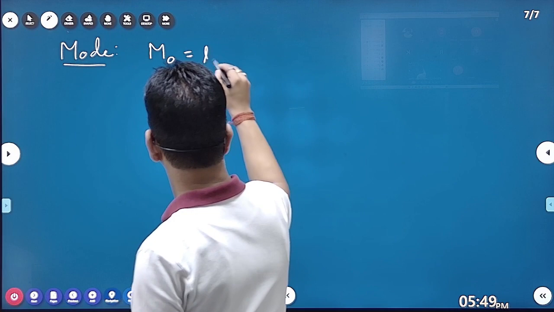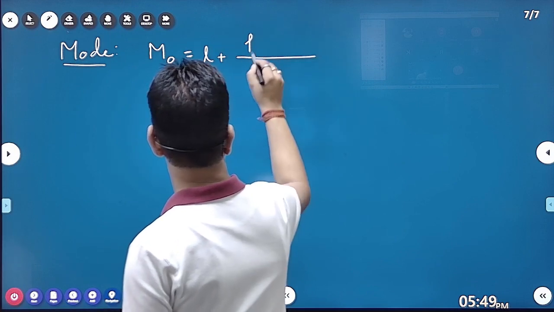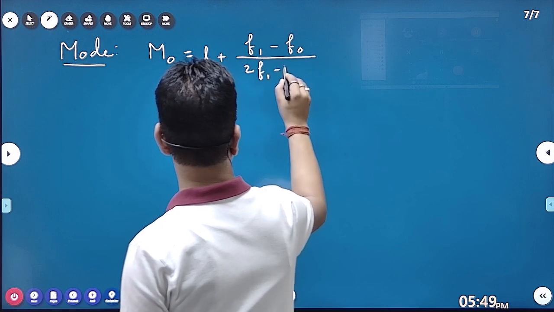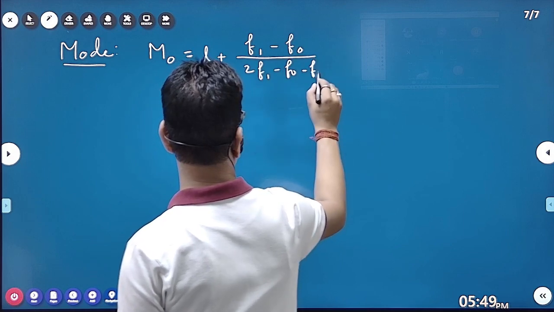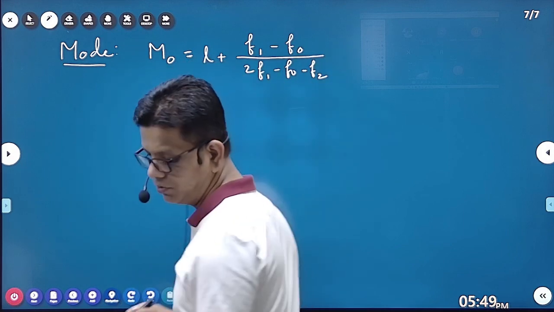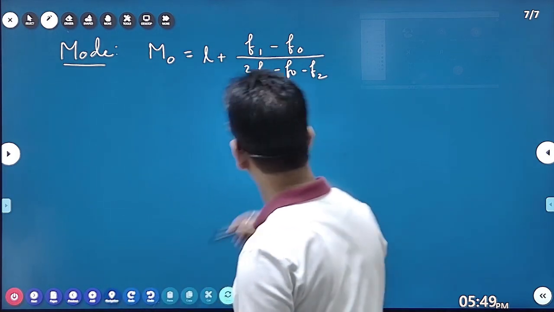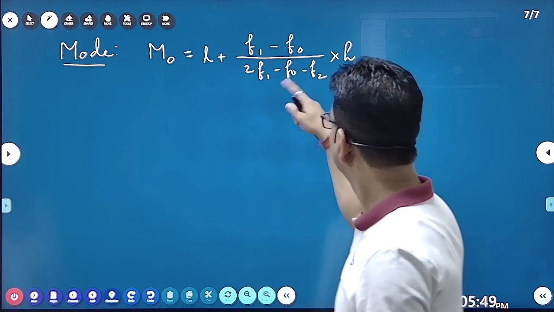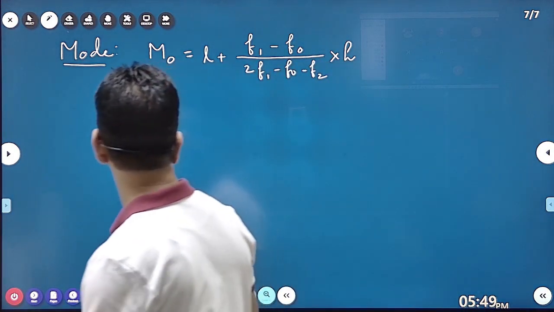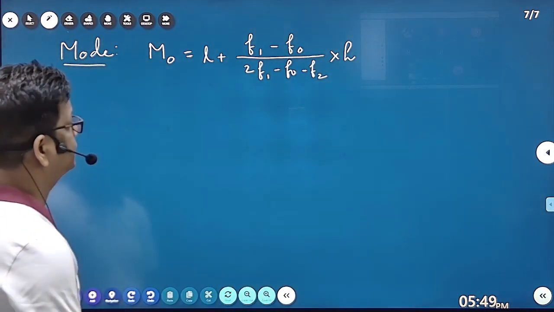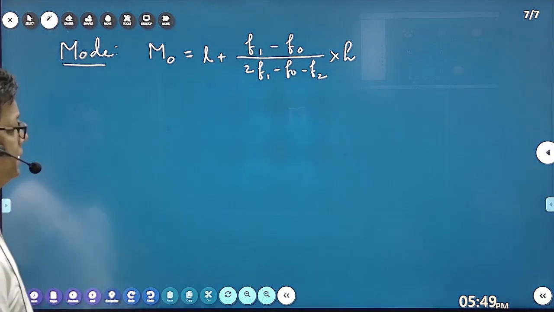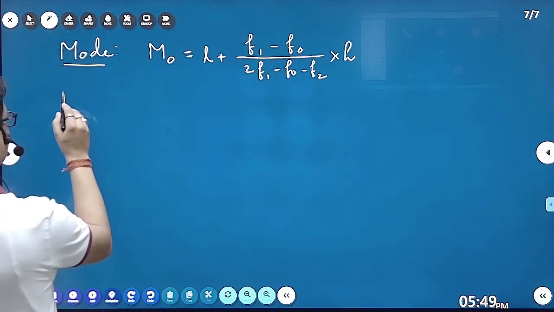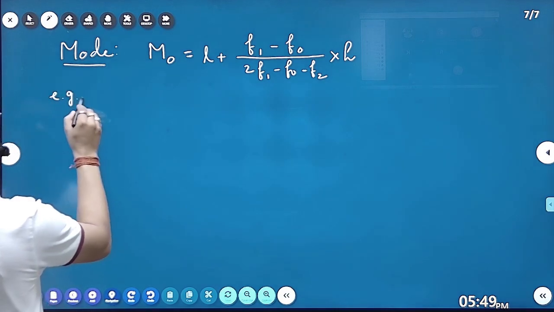So it is L plus F1 minus F0 divided by twice F1 minus F0 minus F2, to be multiplied by H. I'm changing the symbol a little bit from what they have given. So this is the mode formula: L plus F1 minus F0 divided by 2 into F1 minus F0 minus F2, into H.